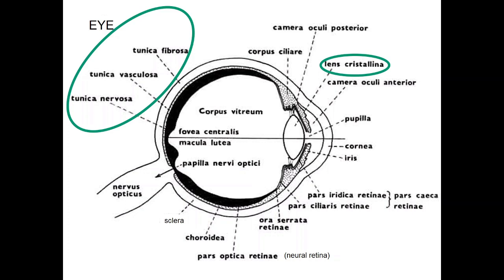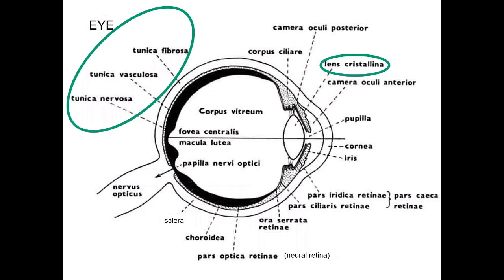The eye is a very complicated structure, as you know. It is made of three basic layers: the tunica fibrosa, the vasculosa, and nervosa. You should already know that tunica fibrosa is composed of the sclera on the surface, the white structure of the eye, and the cornea, which is transparent.